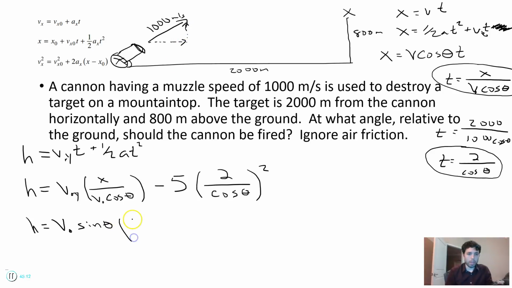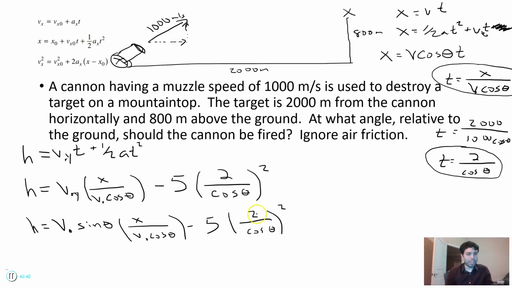That's going to be times x over v naught cosine theta minus 5 times 2 over cosine theta squared.